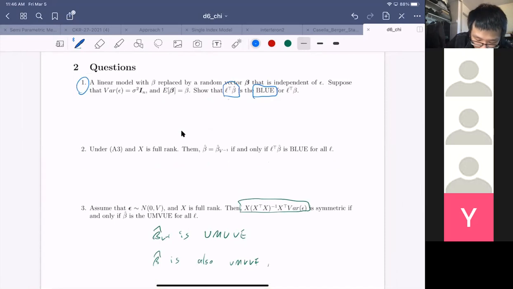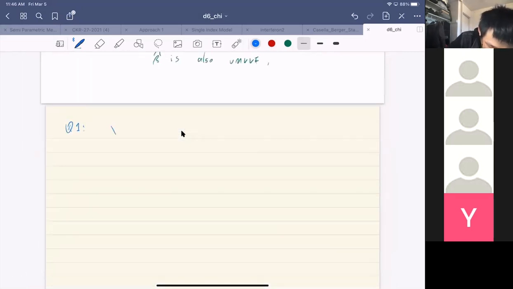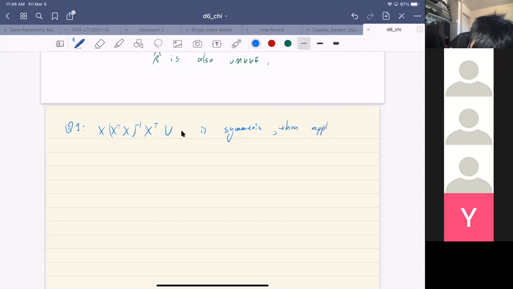And what we want to use is find this property, is symmetric, and then apply the theory. So the first thing we have to define is what is V.